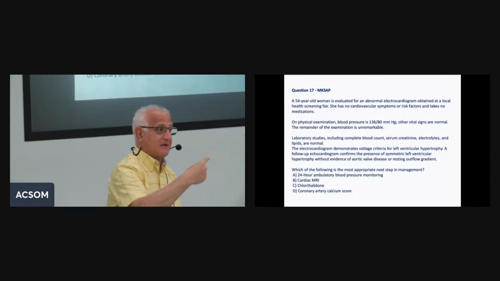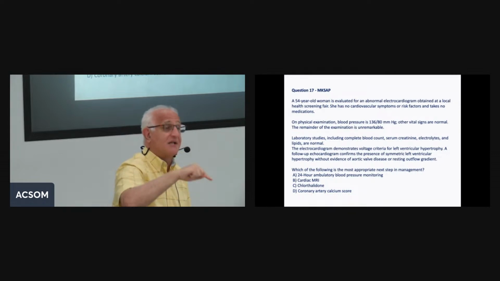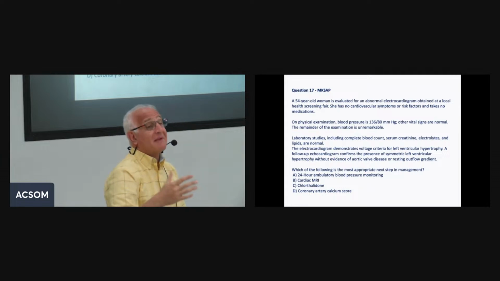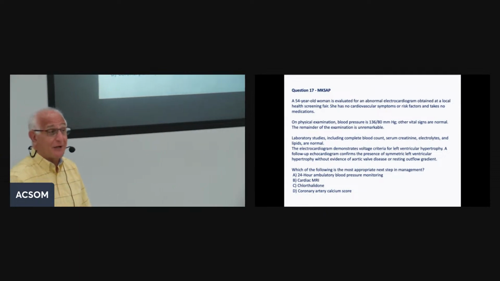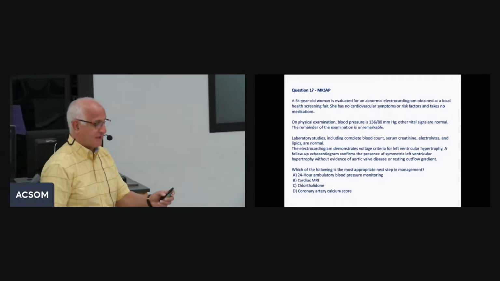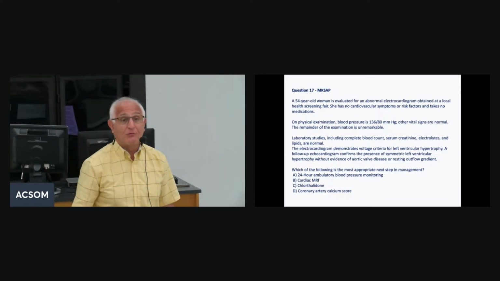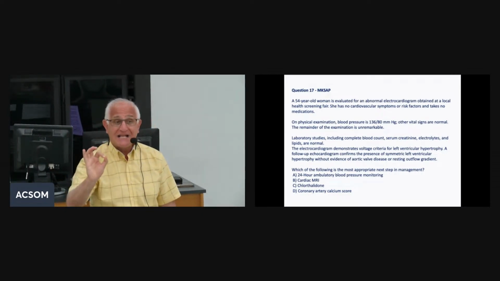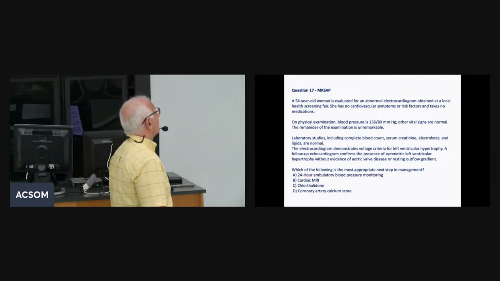That's what the echo is telling us. She has LVH, which has been confirmed on a second echo without aortic disease. It tells you probably this patient has blood pressure that you haven't figured out. ABPM would be the way to go because it was one of those indications I told you, masked hypertension.